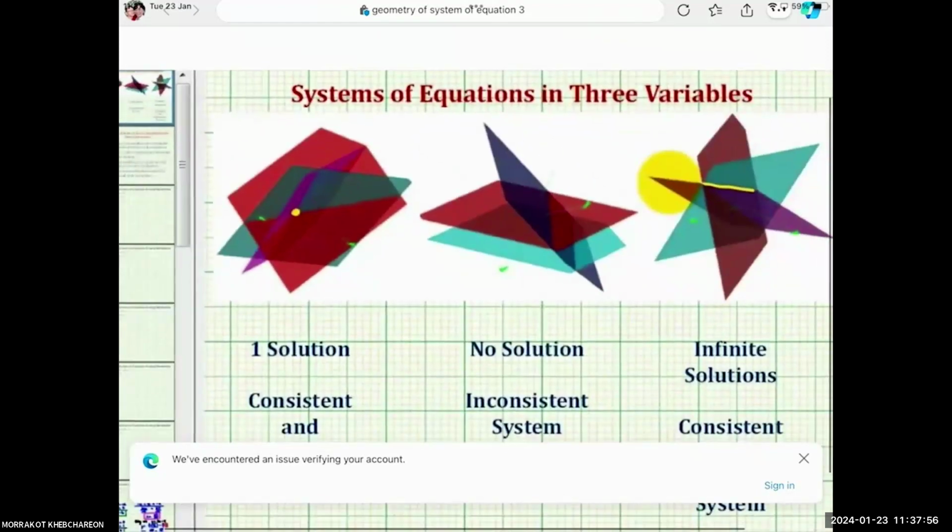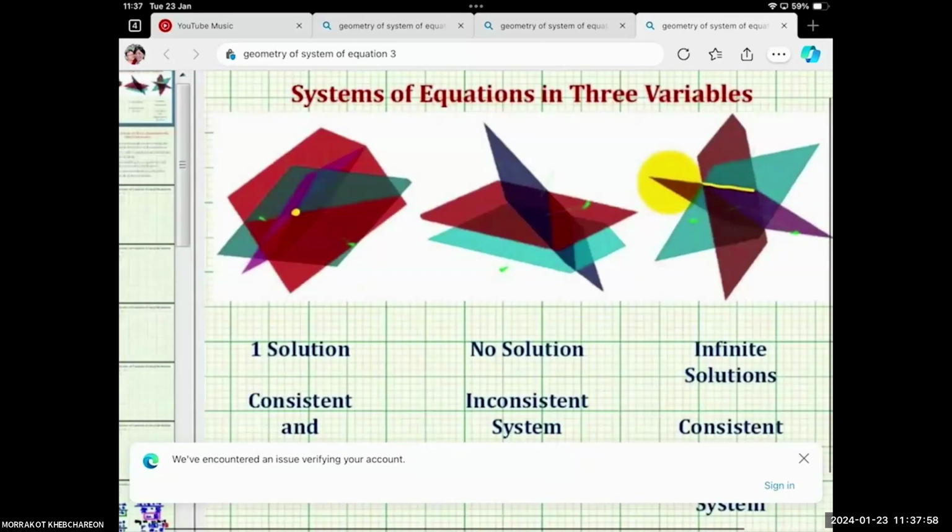At least with three equations and three unknowns, you will see the possibilities of the solution: they might cut in only one solution, or they have no solution, or you have infinitely many solutions. But with 4 by 4, you cannot draw the picture. 5 by 5, you cannot draw the picture.